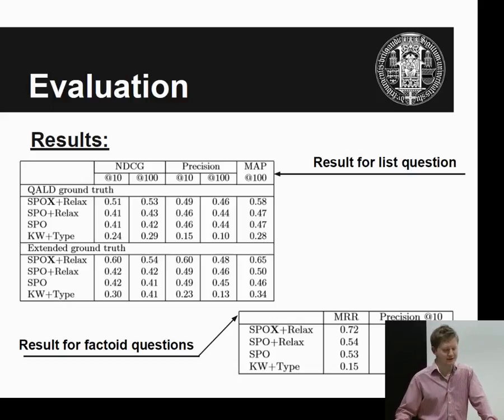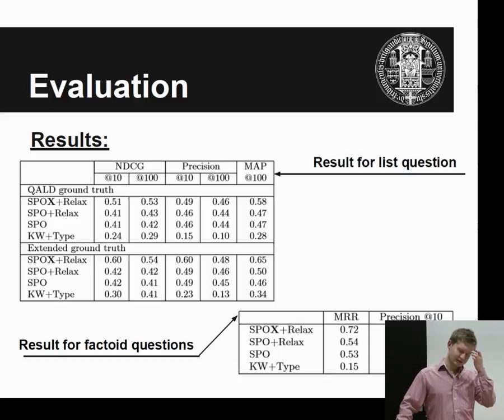This means that the textual extension gives us the best ranking. So the better hits go upstairs and will be at the top. SPOX plus relax and SPOX have similar results.